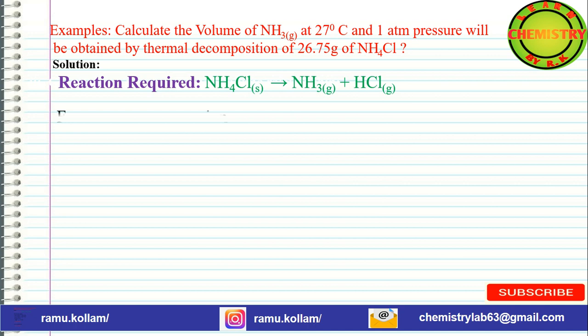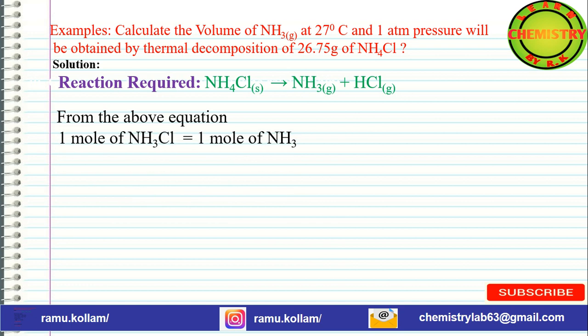Then from the above equation, 1 mole of ammonium chloride gives 1 mole of ammonia. So we have to convert this to volumes, because we need to find the volume of the ammonia. So 1 mole of ammonium chloride, which is 53.5 grams, gives 1 mole of ammonia.